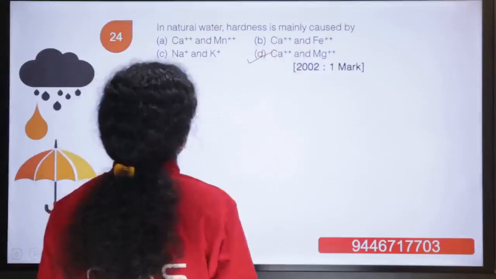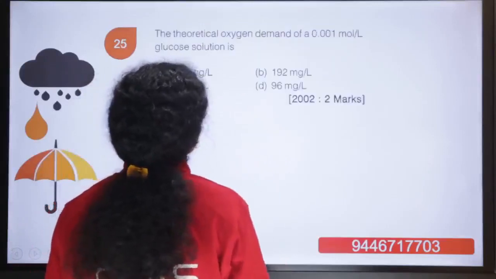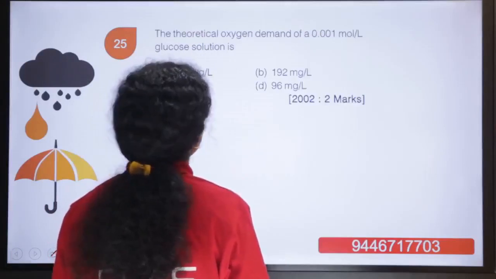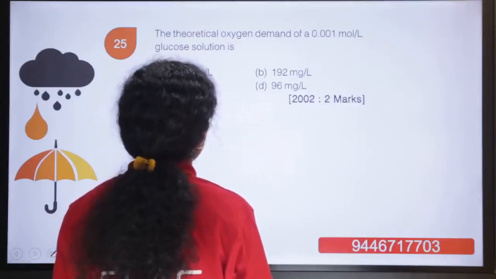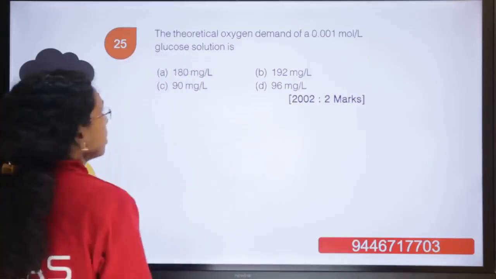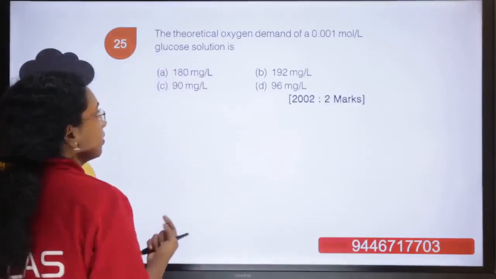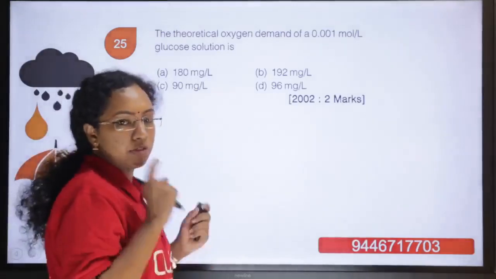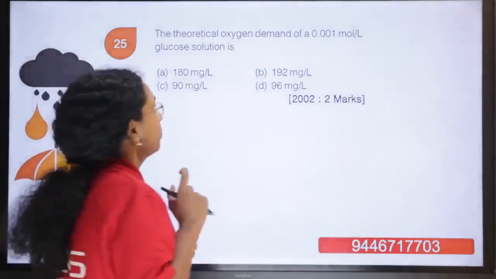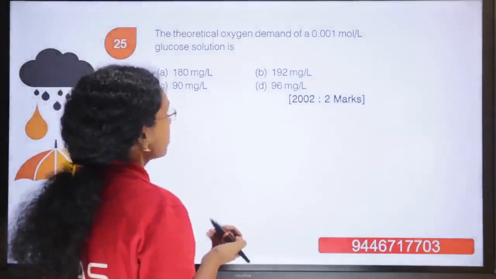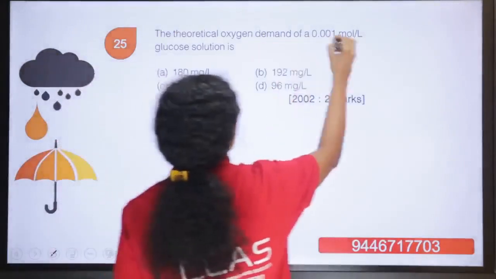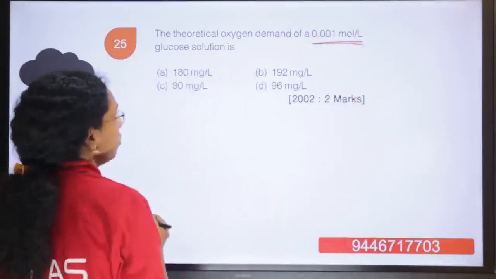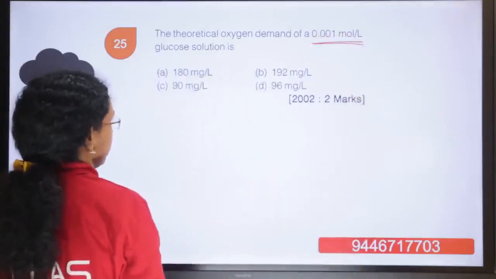So, next problem. The theoretical oxygen demand of a 0.001 mole per liter glucose solution is. The theoretical oxygen demand that we have earlier studied is the oxygen demand that is calculated from the chemical reaction. Here they are asking to find it for a 0.001 mole per liter glucose solution.